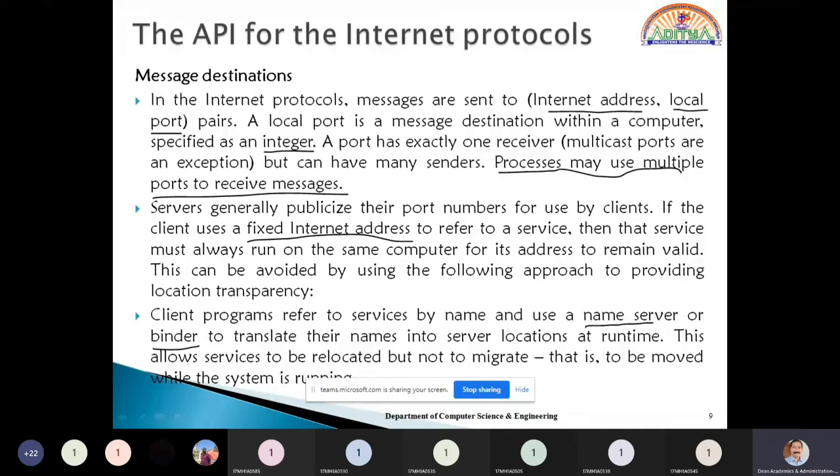Even if I change the port number, if I map the new port number to the name, the communication will automatically happen. So name servers and binders support providing names to each of the ports. Instead of revealing the port number, they tell you the name of the port through which you can communicate.